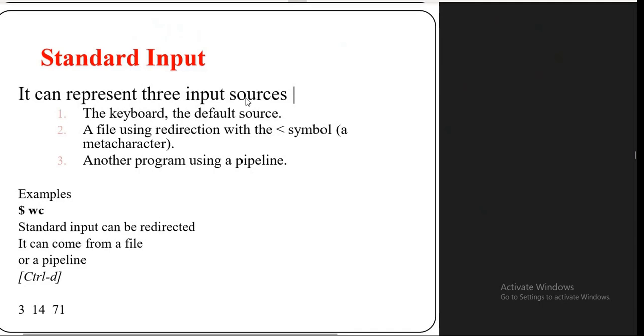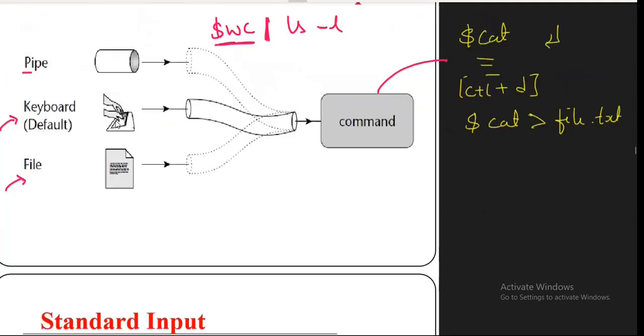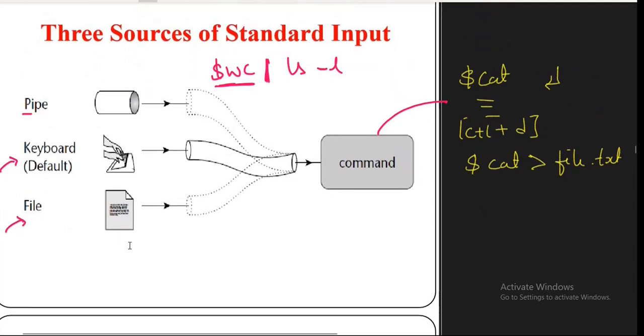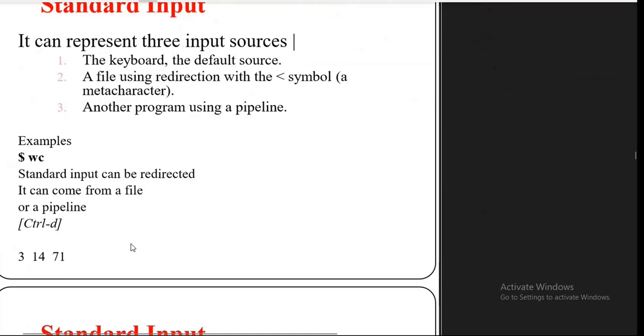So standard input can represent three input sources. How can you get the input? Either using a pipe, the keyboard, or a file. One is the keyboard, the default source. Normally most of the time we get the input from the keyboard. The other is a file, using redirection with a symbol.